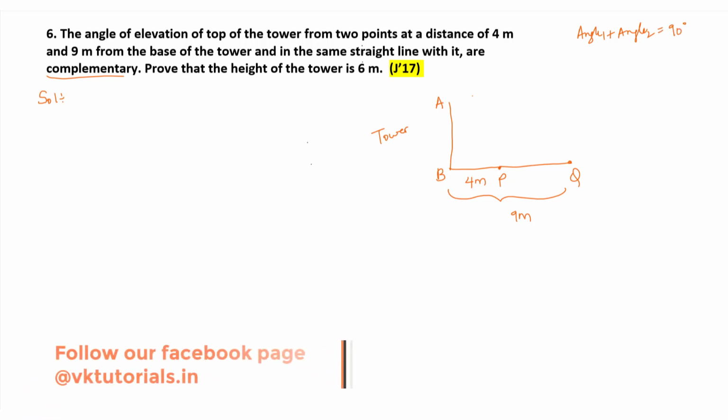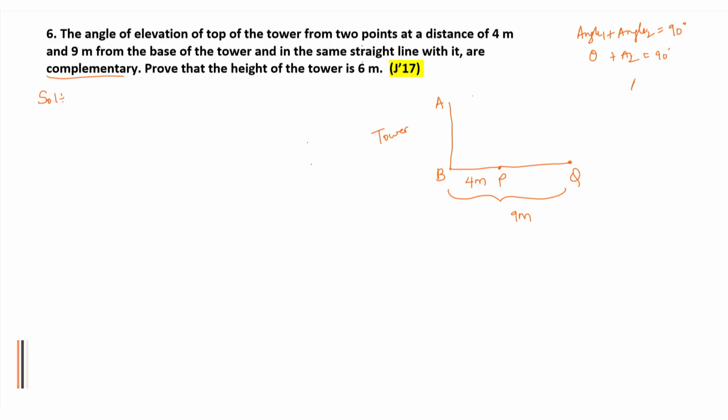If I assume angle 1 as theta, then angle 2 will be 90 minus theta, isn't it? Yes. So the angles are, if this is theta, this will be 90 minus theta.